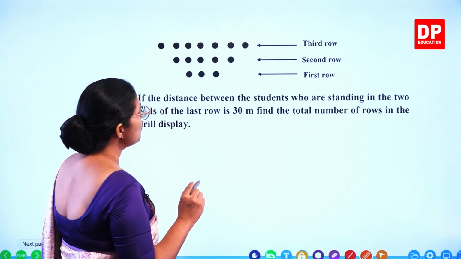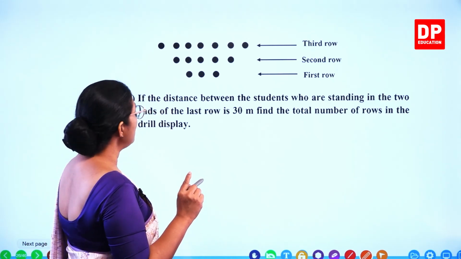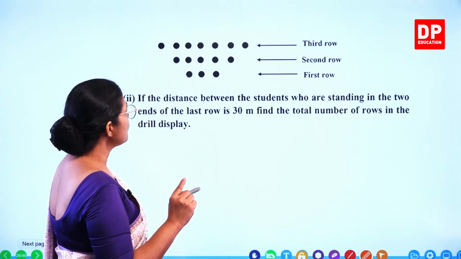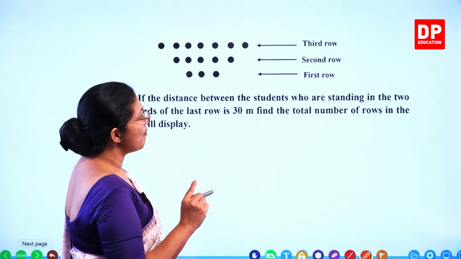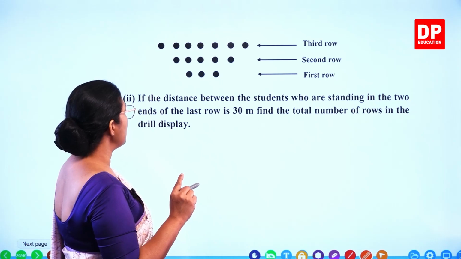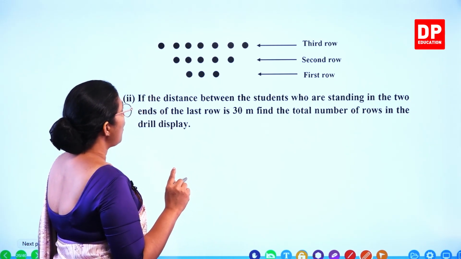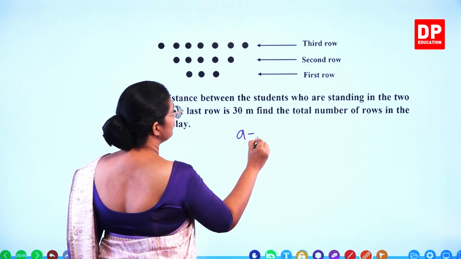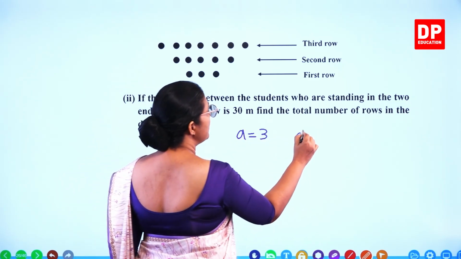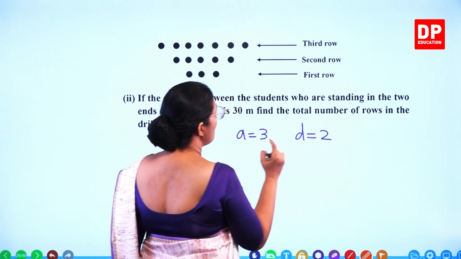If the distance between the students who are standing at the 2 ends of the last row is 30 meters, find the total number of rows in the drill display. So we found out the first term is 3 and the common difference is 2.